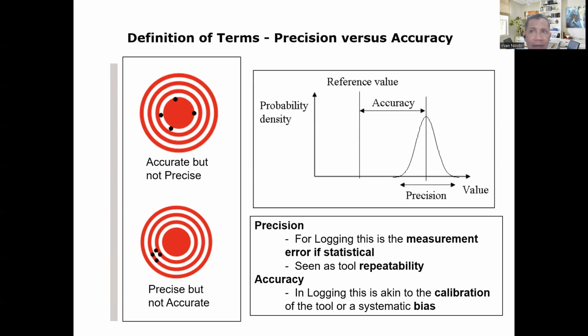It's possible to have accuracy without precision, measurements consistently biased but not necessarily close to the true value, and precision without accuracy, measurements consistently close to each other but not necessarily close to the true value.